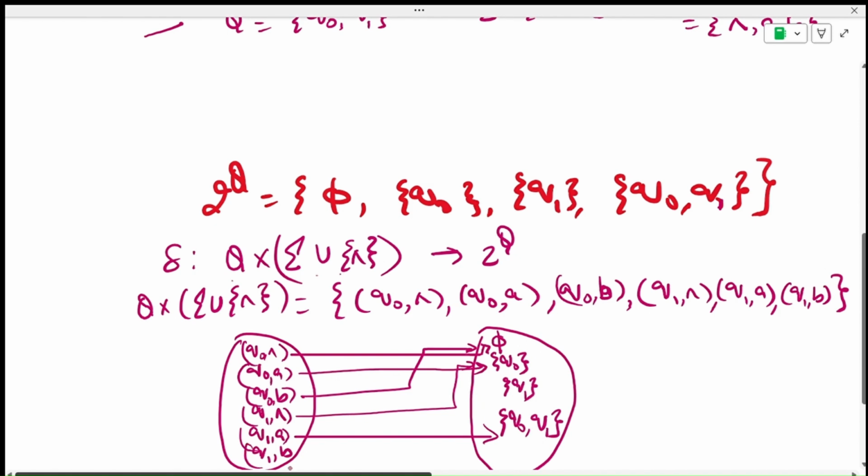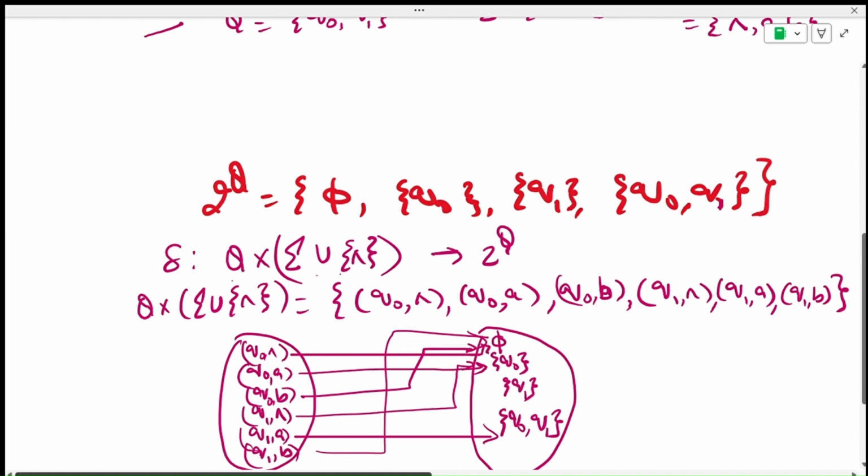Similarly, Q1 on reading B, assume that it doesn't have any transition, it can take a phi. So the non-determinism remains the same as non-deterministic finite automata, and it has one more new feature, that is a state is capable of reading a null and it can move from one state to another state. It will help us in designing non-deterministic finite automata.